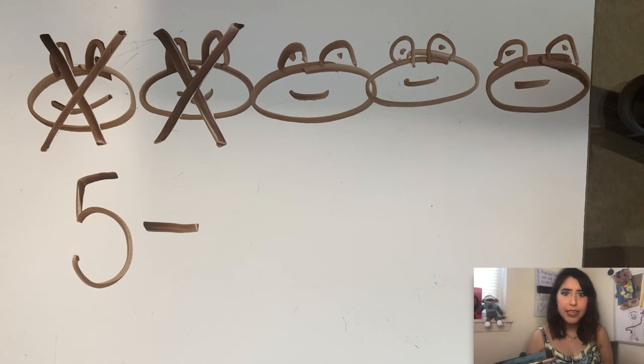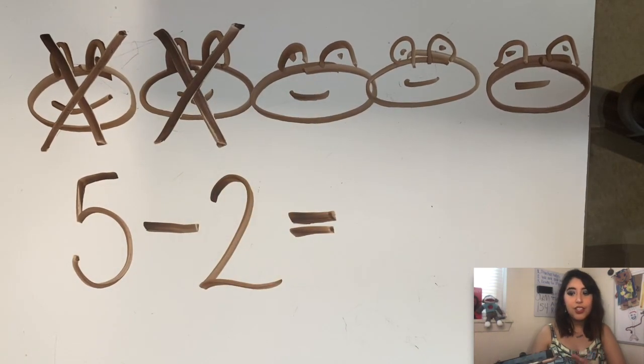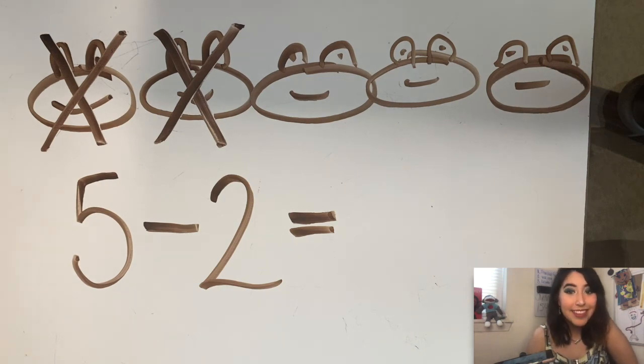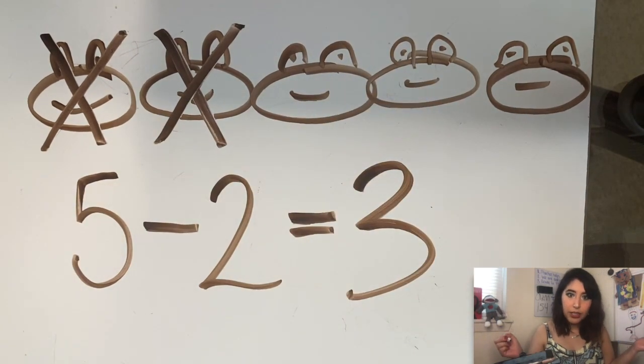How many did we take away? 2. And 5 minus 2 equals how many were left at the pond? 3. We just wrote about our story in a number sentence.